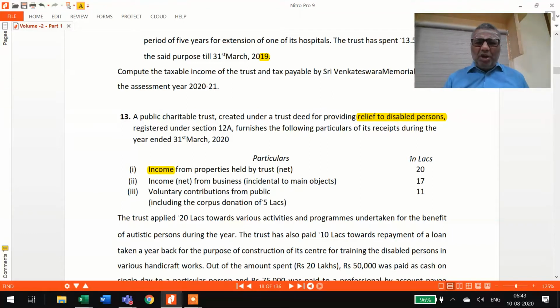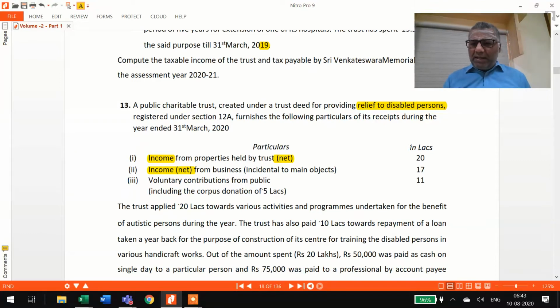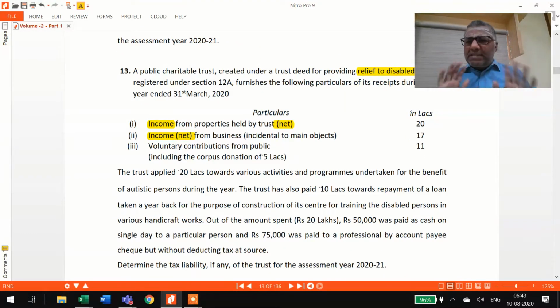Income does not mean it is exactly receipt. Everywhere they have used the word net. Unless you can find out the gross receipts, 20% of gross receipts, don't do that. But in this case, it is falling under medical relief, so you need not test that 20% condition.